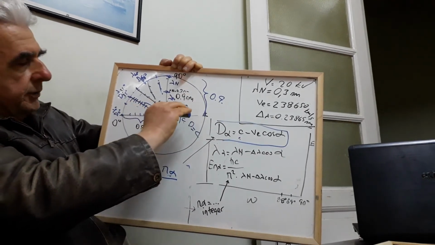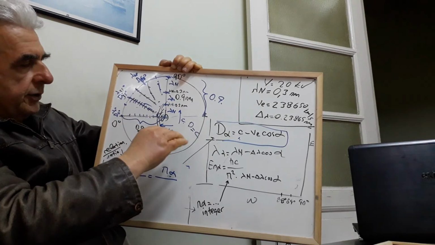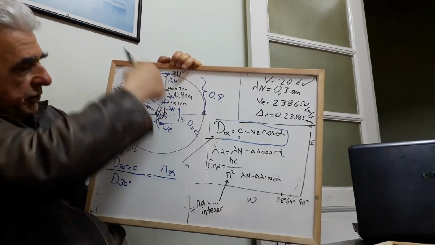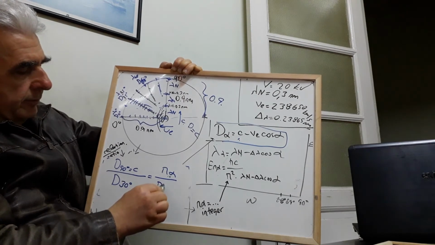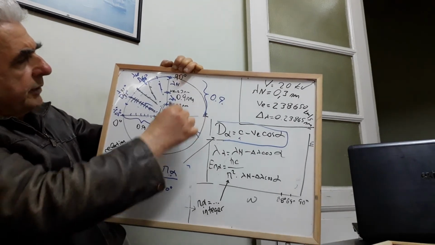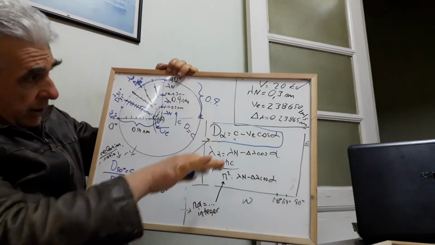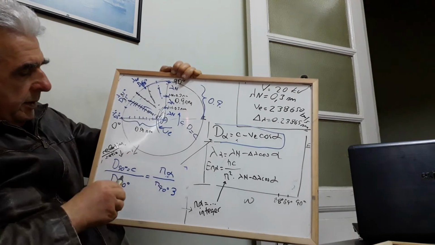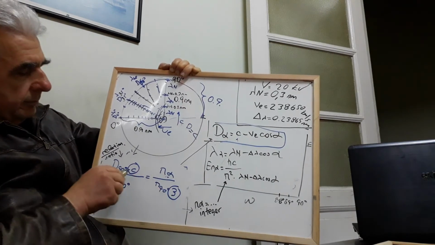Velocity of the light changes, wavelength of the light changes, number of waves changes. And the number for 90 degree we computed is 3. This is c, this is 3.